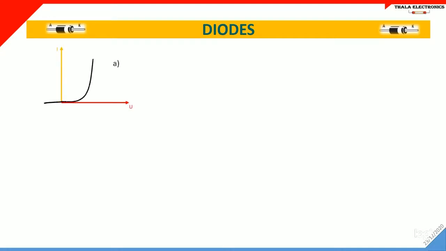Now we speak about the static characteristics of the diode. We have three representations. The first one is the real representation of the diode, and the second one is the simplified one, which is mainly used for studying circuits because it makes our calculations very easy.